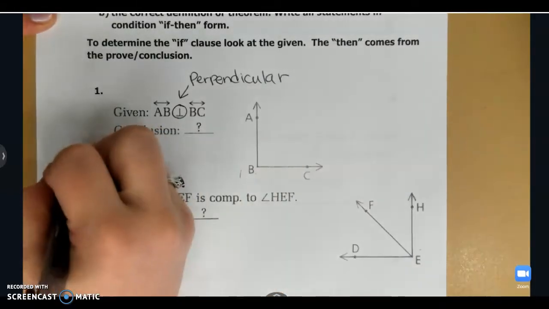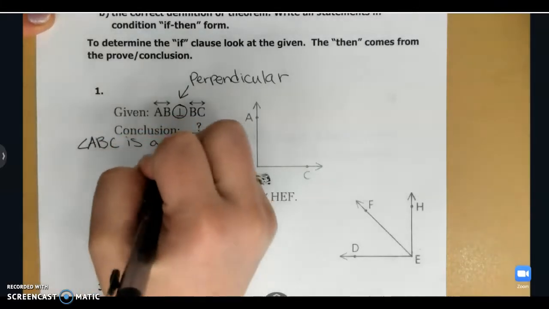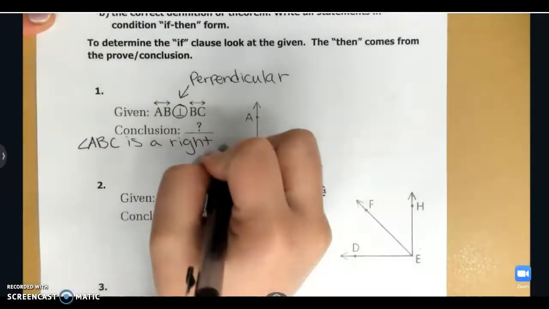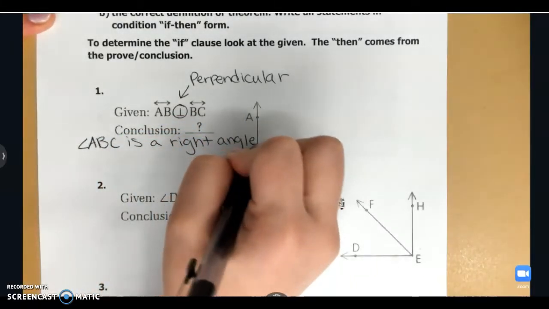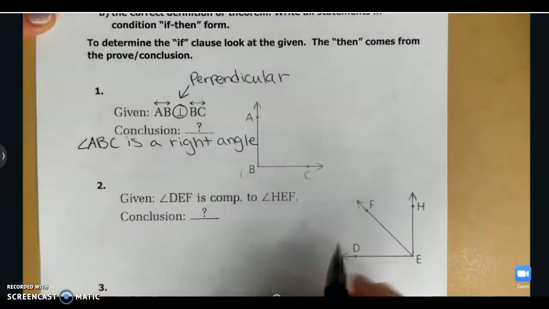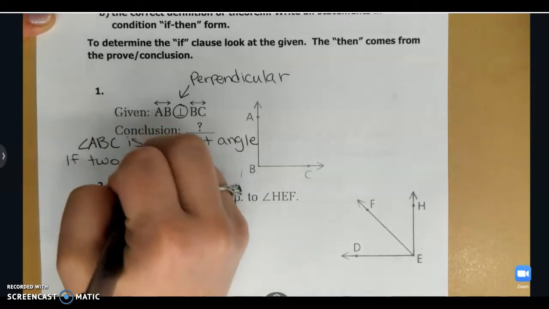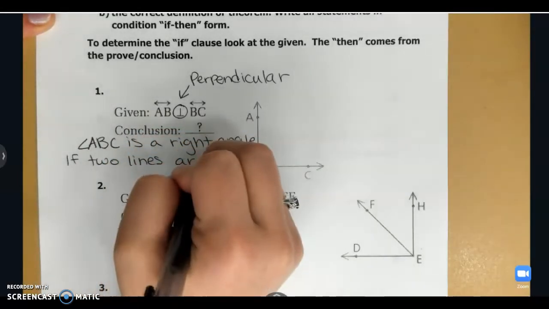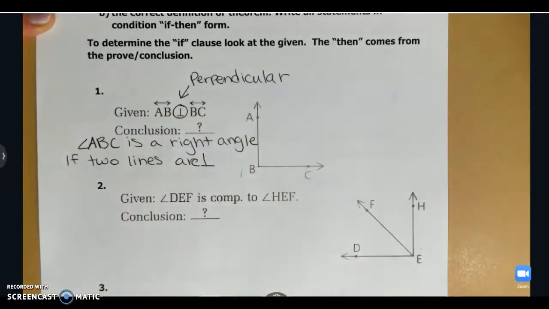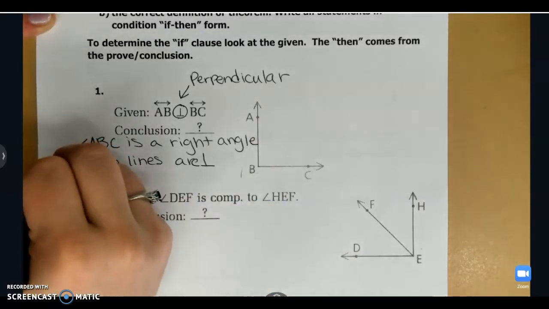So our conclusion is that angle ABC is a right angle. And the definition or theorem that supports this conclusion is that if two lines are perpendicular, and we can use our symbols for shorthand, then they form a right angle.